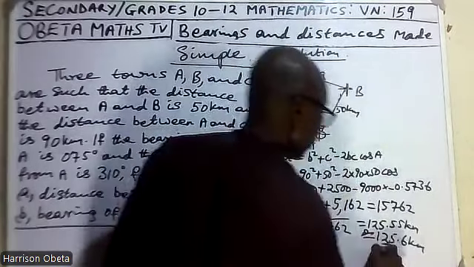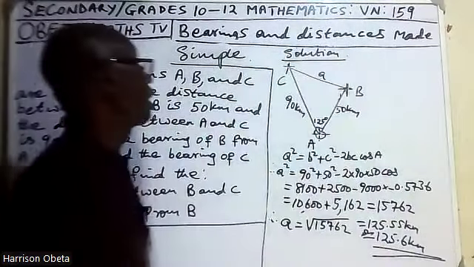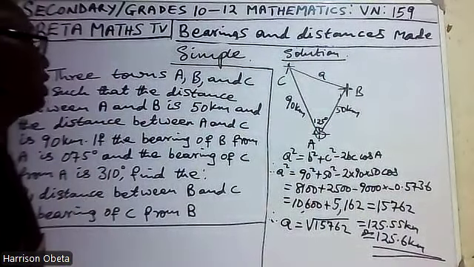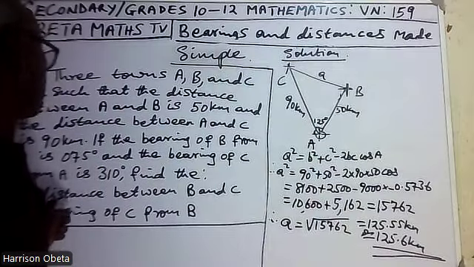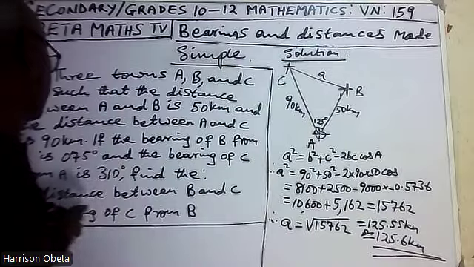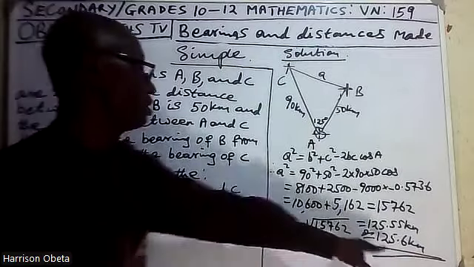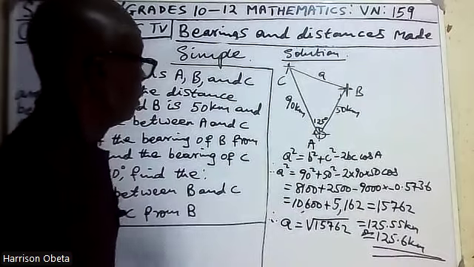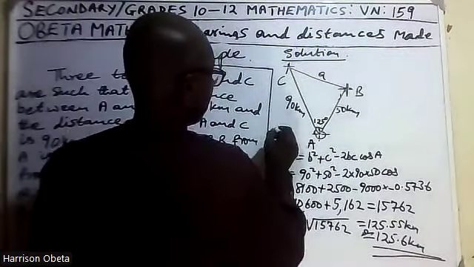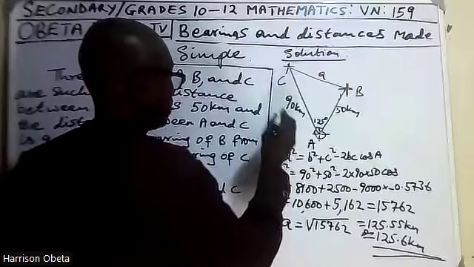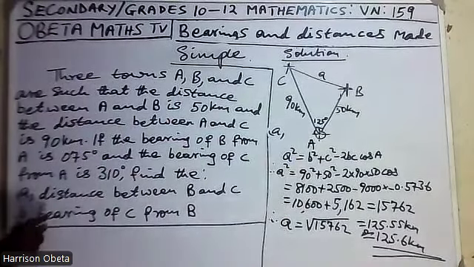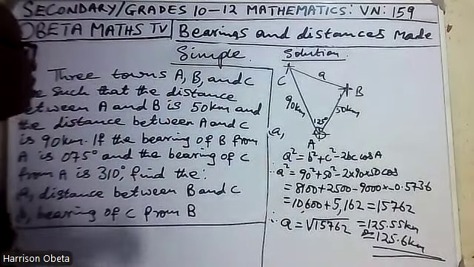And that is the distance of B to C, and that is the solution to A. The distance between B and C is this. So that is a solution. Now we are going to find the bearing of C from B.